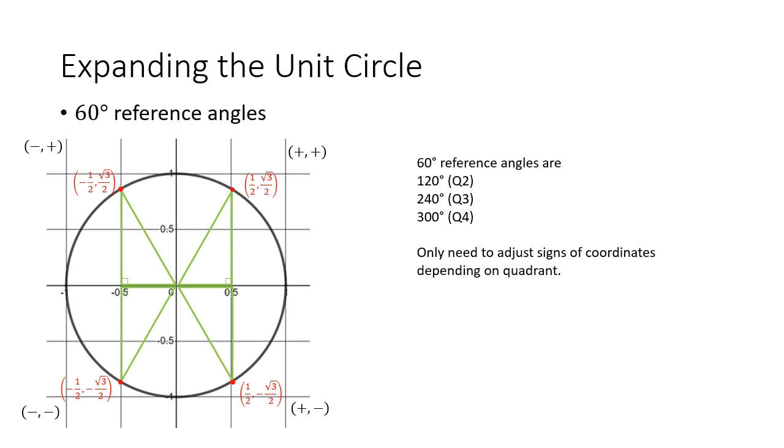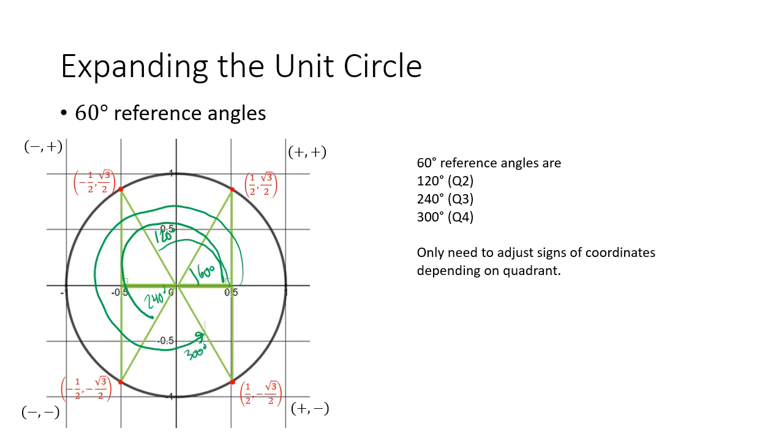Similarly here for the 60-degree angles. This first angle is 60 degrees. If we have a 60-degree reference angle in quadrant 2, that angle is 120 degrees. If we had a 60-degree reference angle in quadrant 3, that would be 240 degrees. And if we had a 60-degree reference angle in quadrant 4, that would be 300 degrees.